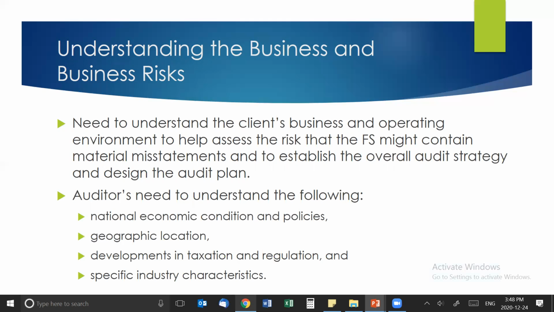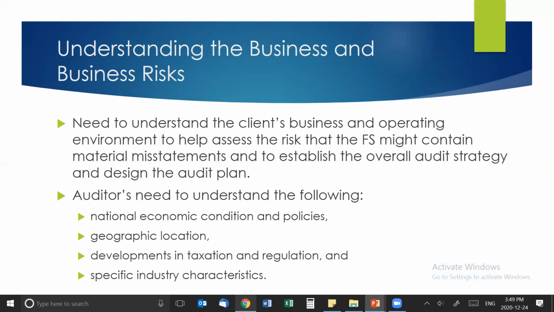We need to look at the economic condition, their policies, their geographical location. So, do they have offices all over Canada, which means that you probably have to go to a bunch of these locations while you're doing your audit. What are the taxation rules and the regulation rules that they have to follow?